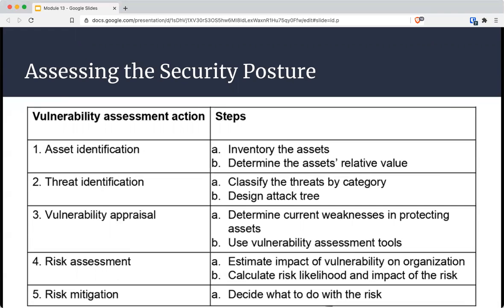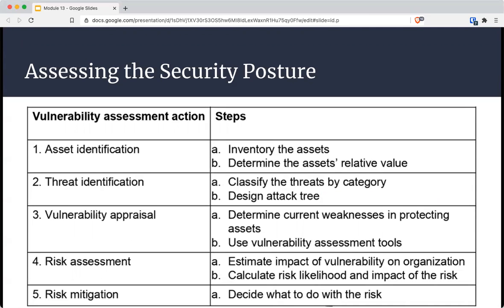So we have to be able to use basic plain English to describe the vulnerability of the infrastructure of the organization, of the system, whatever it is. Here are some basic steps of a basic vulnerability assessment.